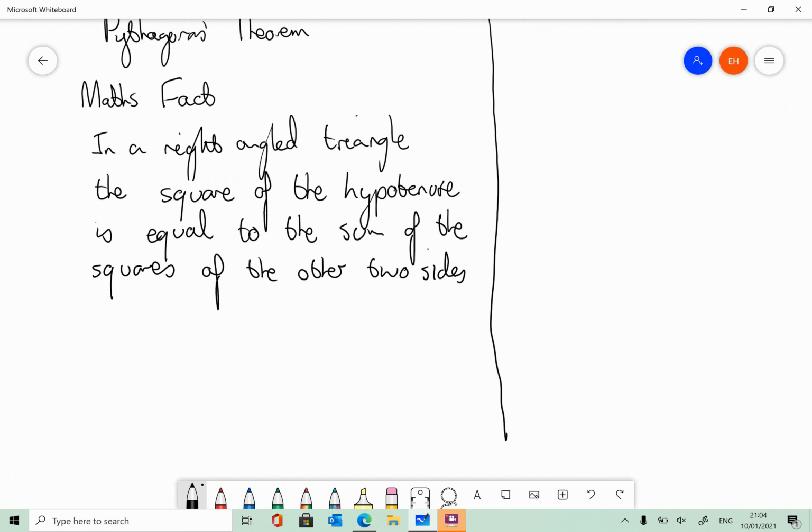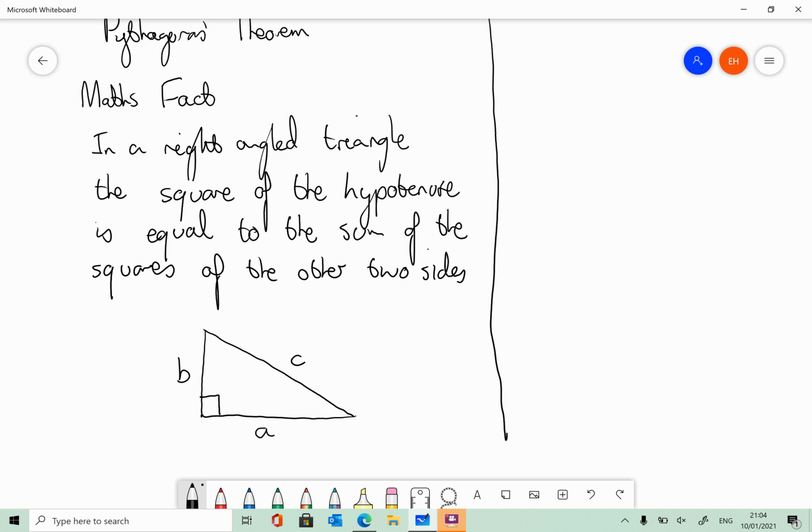So I'm going to draw a right angle triangle down here. I'm going to call this the right angle, and this is my A, my B, and my C. So I can now talk about the sides of this triangle.